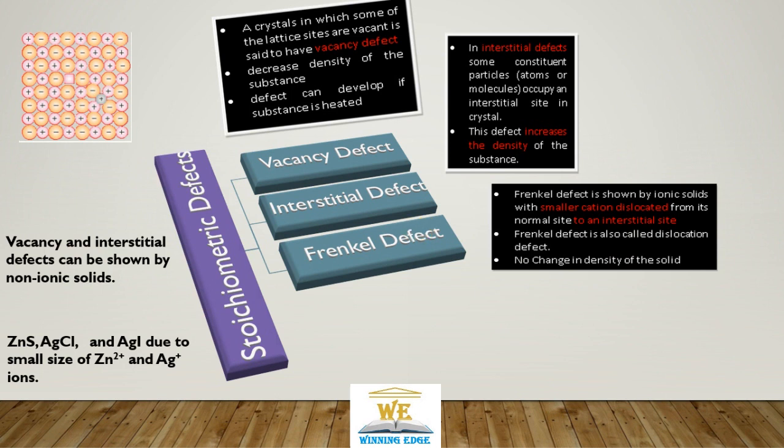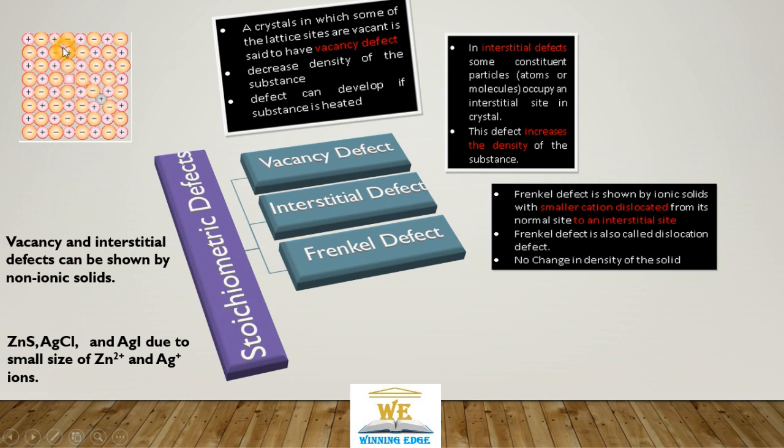A Frenkel defect is shown by ionic solids with smaller cations dislocated from their normal sites to interstitial sites, the same as these interstitial defects, but those are shown by non-ionic solids. The Frenkel defect is shown by ionic compounds, and here the smaller-size cations are dislocated to interstitial space. It's also known as a dislocation defect because the cations still remain in the lattice, in the void, so the density will remain the same.